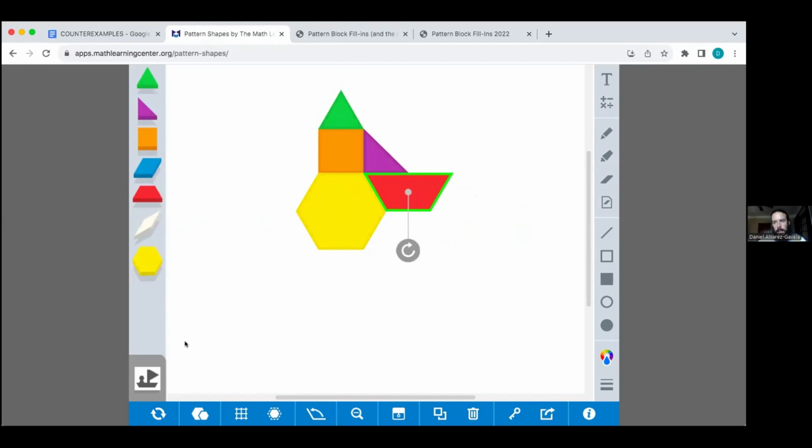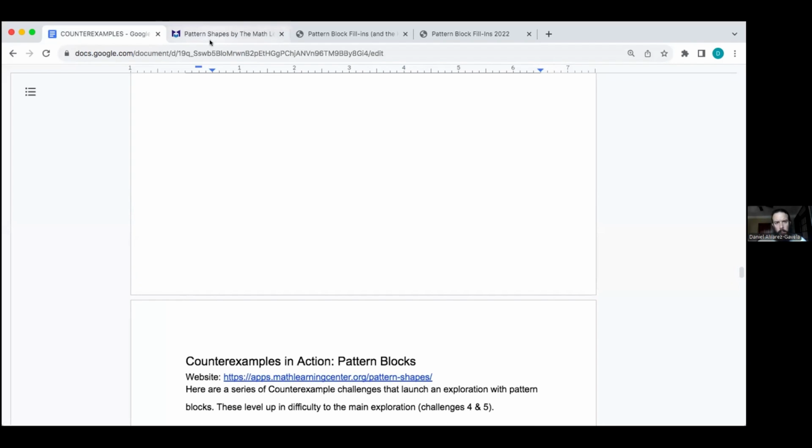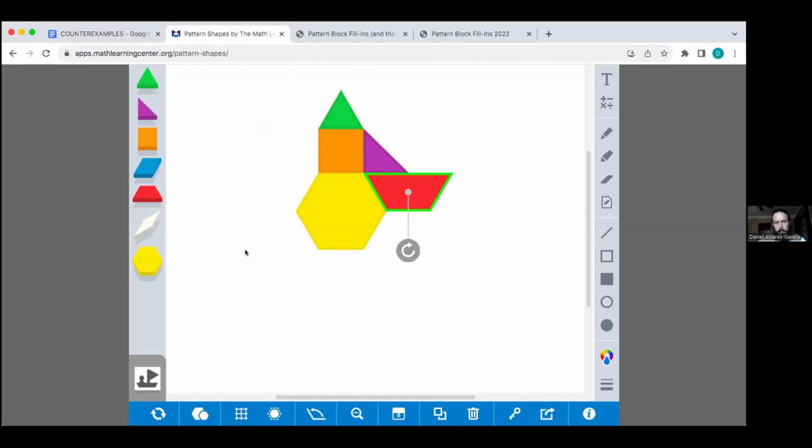And we're going to go over some activities in the counterexample theme that you can work on with this tool. But there's other activities too that I also link below in the document. Dave, do you want to say anything about the pattern shapes?